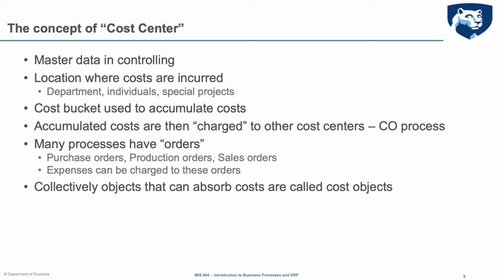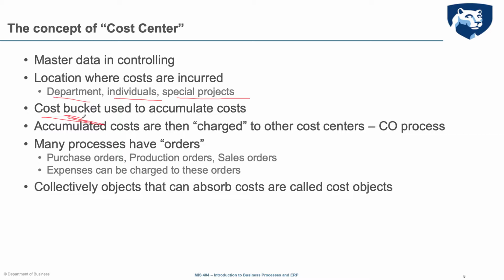So the master data, the main data used by management accounting, is the so-called cost center, which is the unit of analysis in the company that generates costs and revenues, and for which costs need to be allocated, which can be like a department, an individual, or a special project. So it's a cost bucket that is used to accumulate and calculate costs.